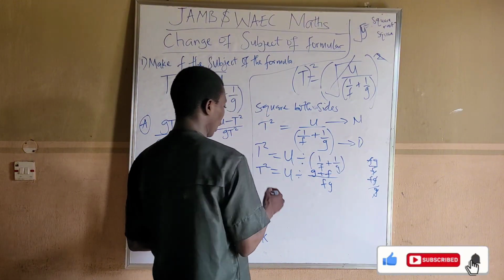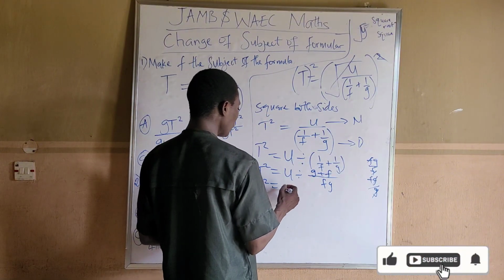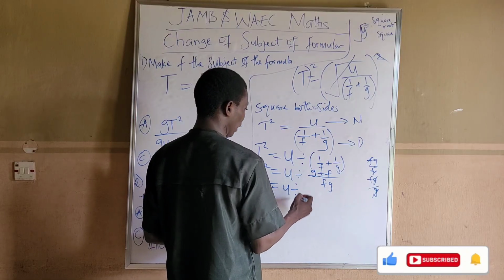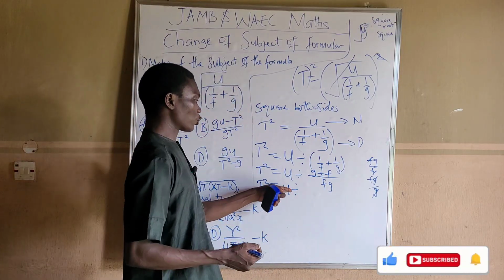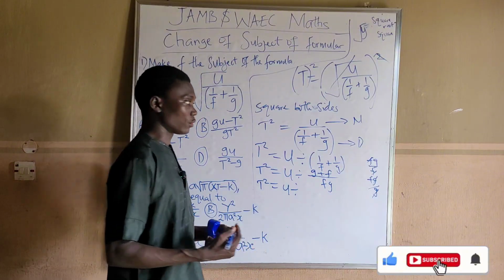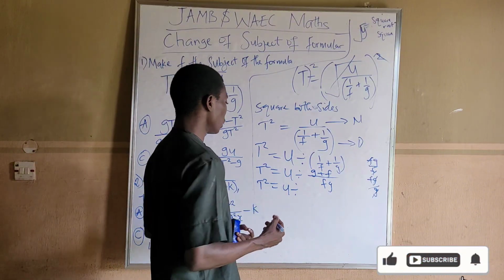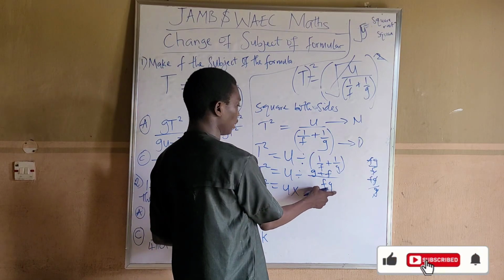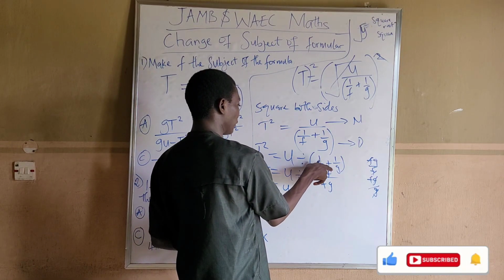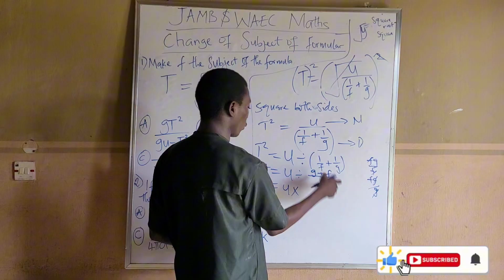Okay. Now we have t square equals to u divided by, and now if I want to change this division line, this division to multiplications, the denominator will come up, while the numerator will come down.